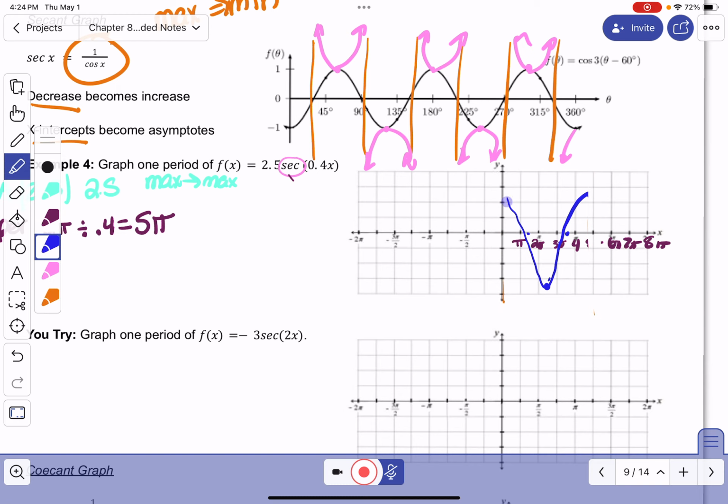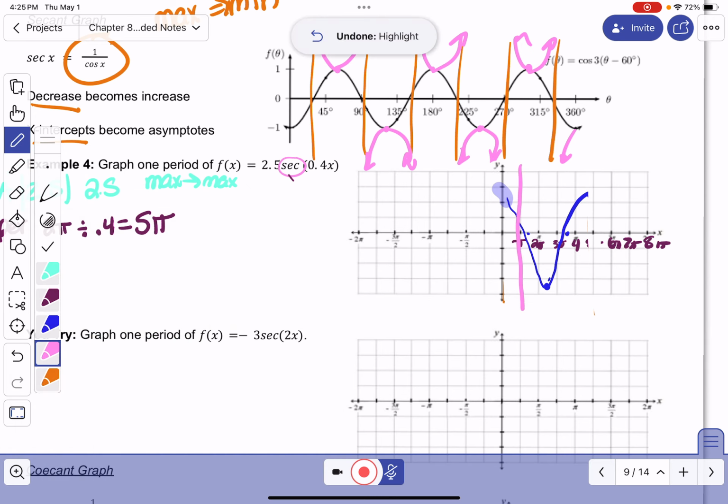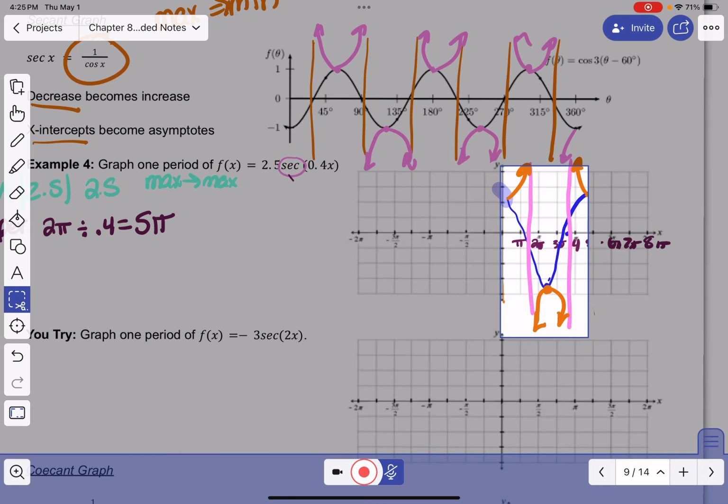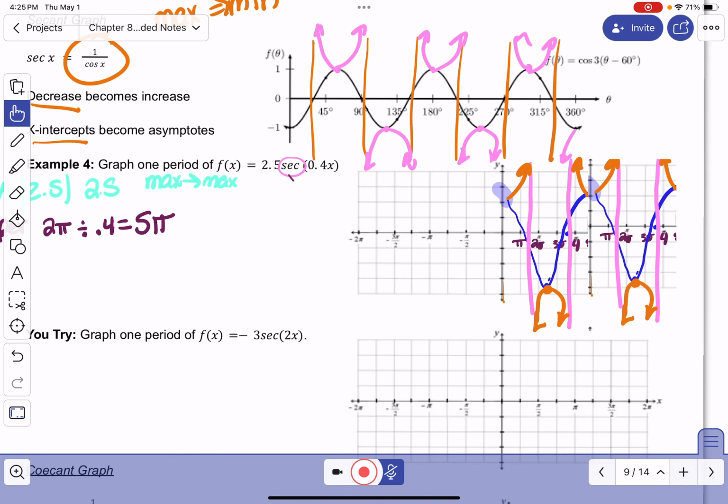For the secant, our zeros become our asymptotes. It's around here. And then the curves flip. So this points that way. This points that way. And that would be one period of the curve, which we could just repeat over and over again in both directions.